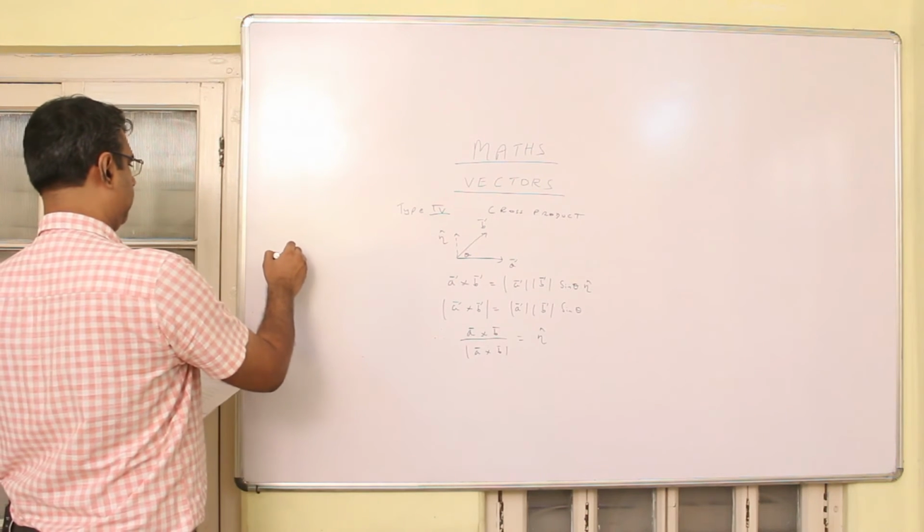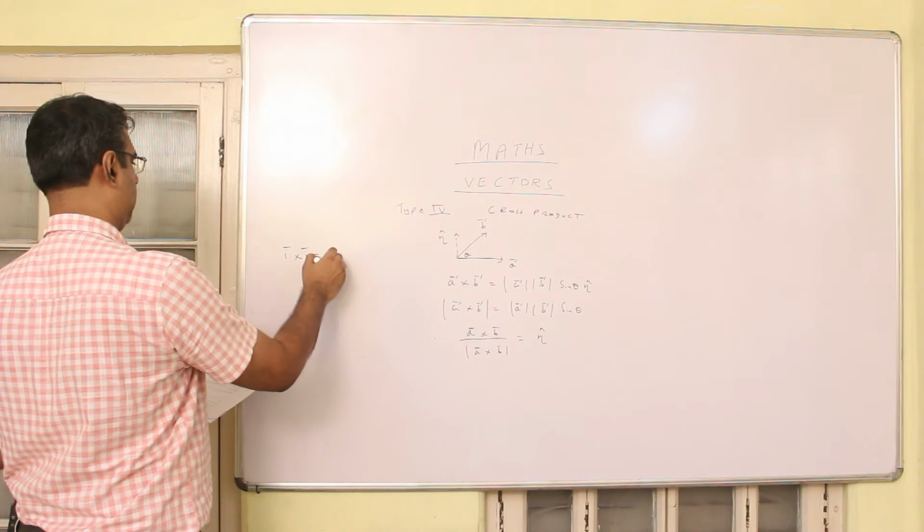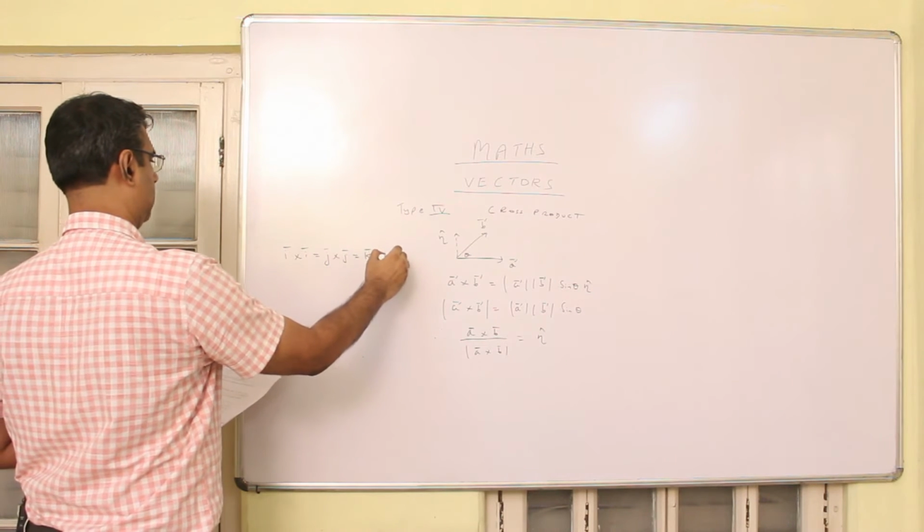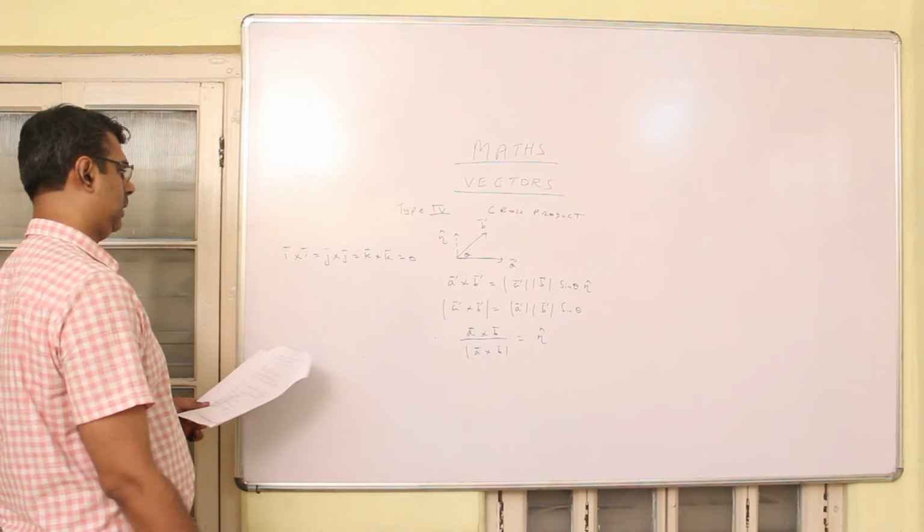You can easily verify that I cross I, J cross J and K cross K will all be equal to 0.